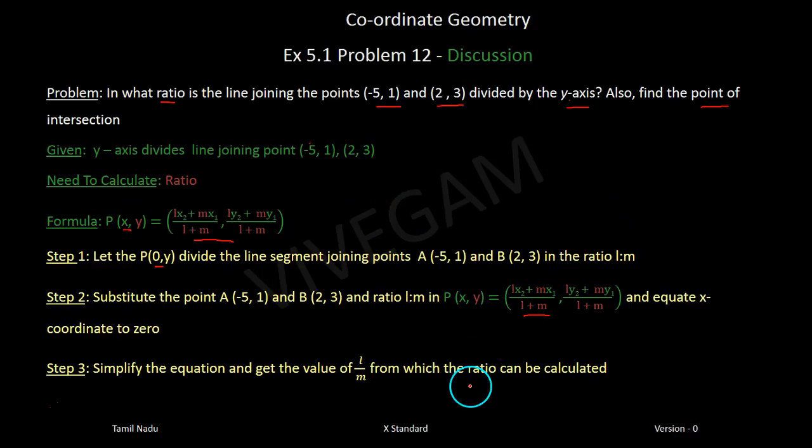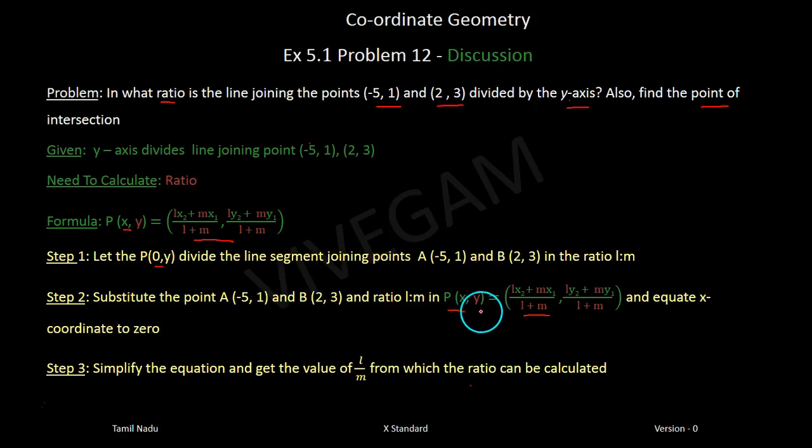Somewhere I missed a step here. There's one more step. Once you have L and M, substitute those values here, because you are asked to find the point of intersection. That is, you are asked to find the point P. We only know x is 0. We need to find y. So how will you find y? Substitute in step 3. We have already found the values of L and M. Substitute the values of L and M here, along with x1, y1, x2, y2, and you'll be able to get the value of y.